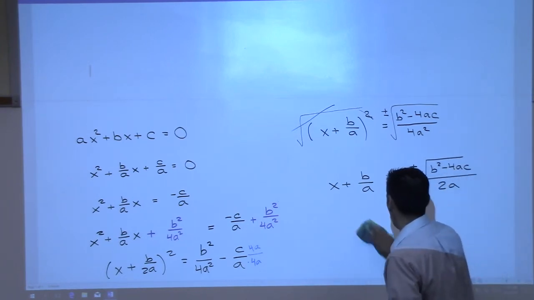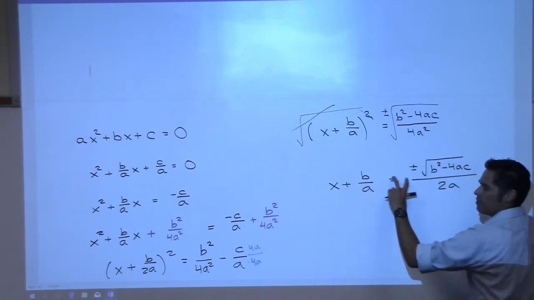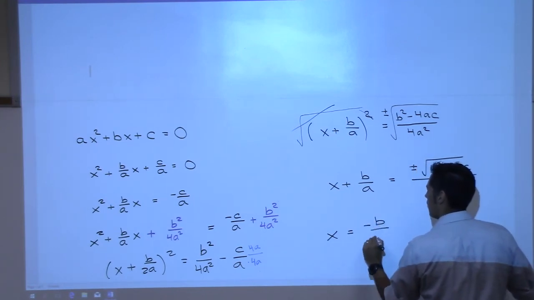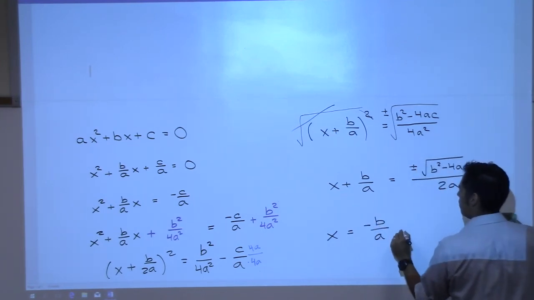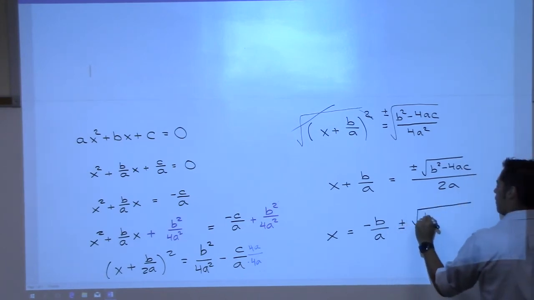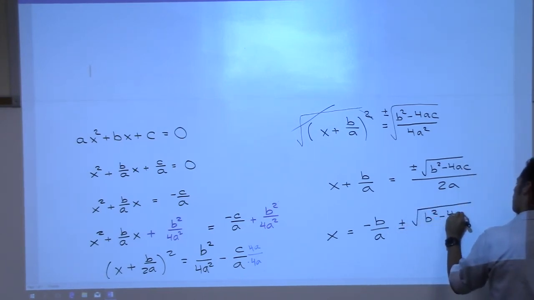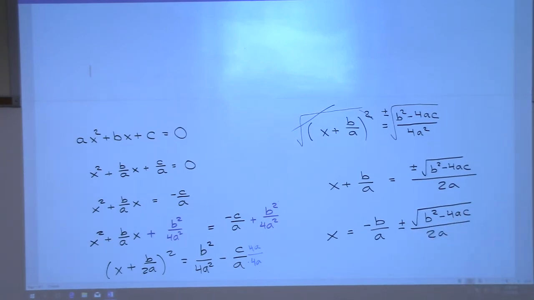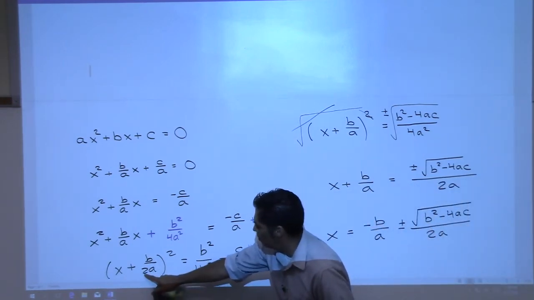We're like two steps away. I'm going to move this to the other side. Hold on a second. Oh, sorry, I wrote this down wrong. This is b over 2a.